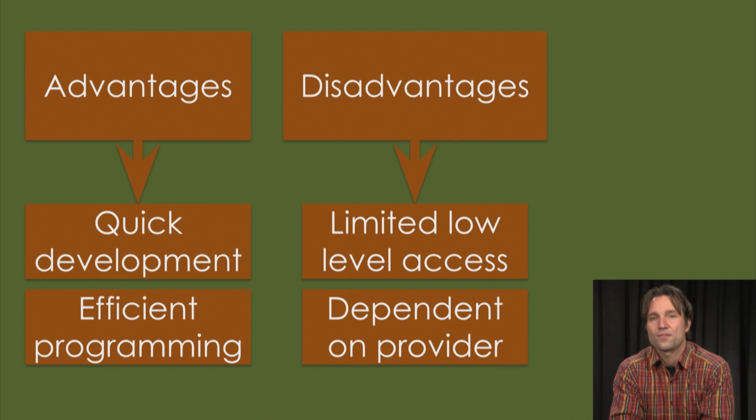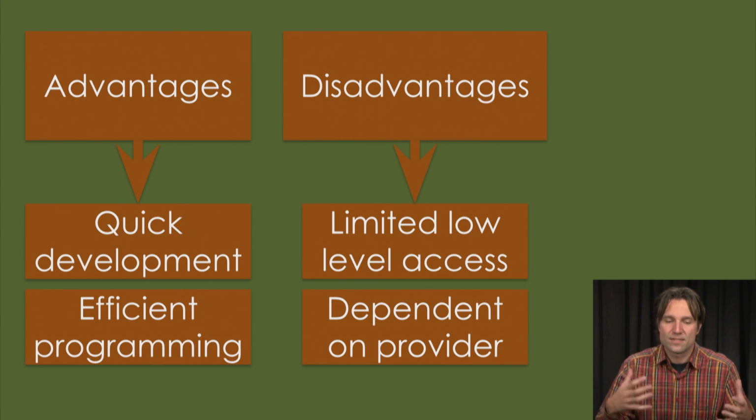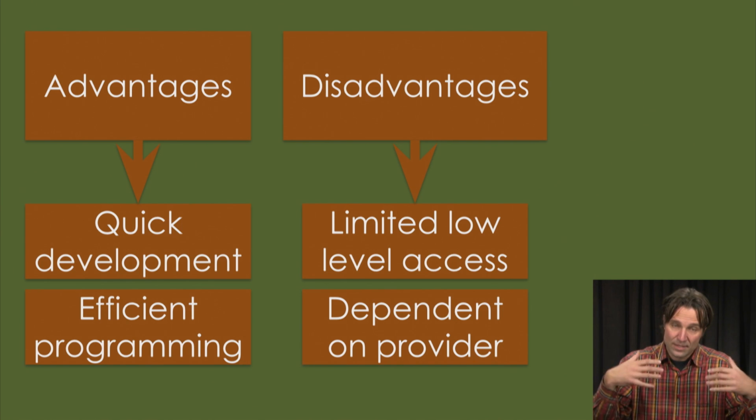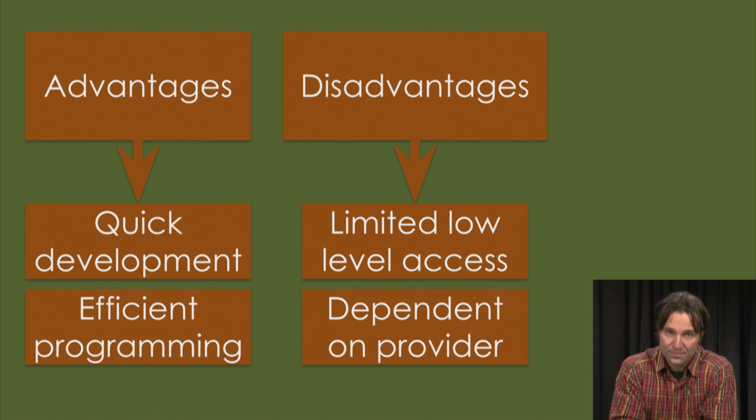Disadvantages of using these authoring toolkits are that because it's such a high-level tool, you're losing access to the low level of the environment that you're programming for. So that could be OpenGL, or it could be even optimizations on the CPU level, CUDA programming, and such things. And the other disadvantage is that you're dependent on the provider of the toolkit to add new features that you need to support your applications.